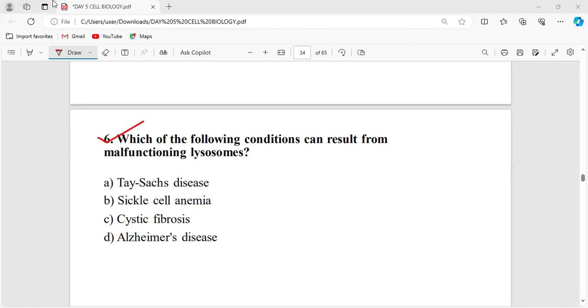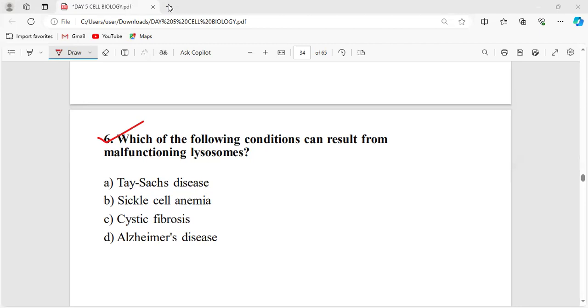And what will be the pH maintained inside the lysosome, acidic or alkaline? Very good. That will be an acidic pH where we can find many hydrolytic enzymes. Because of this pH, we call the lysosome the suicidal bag, where unwanted materials are digested.